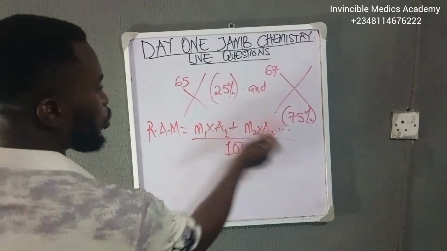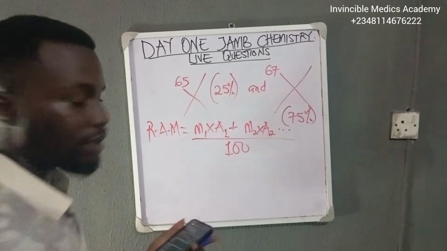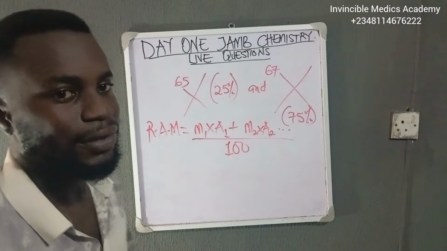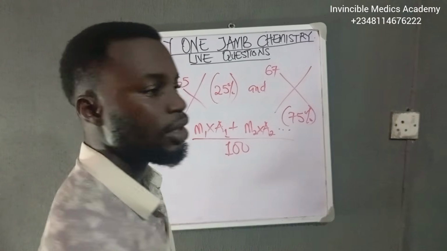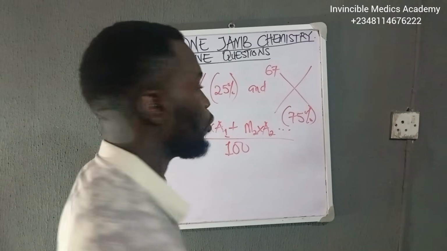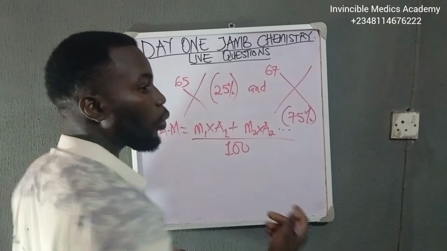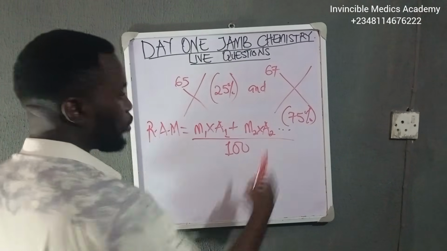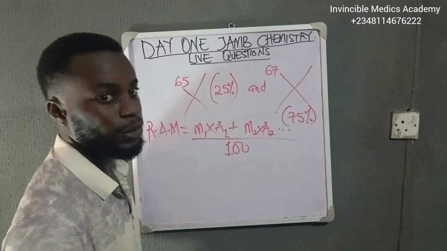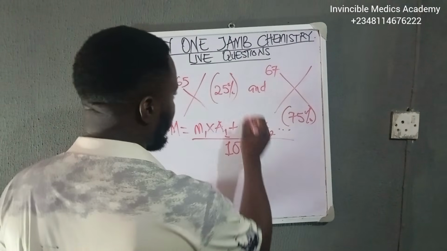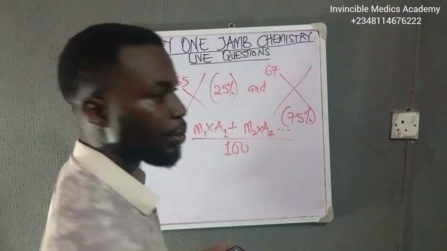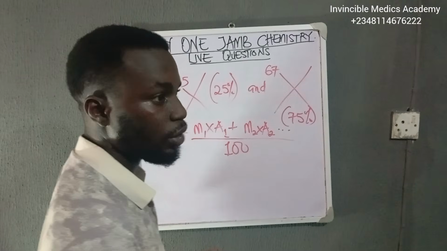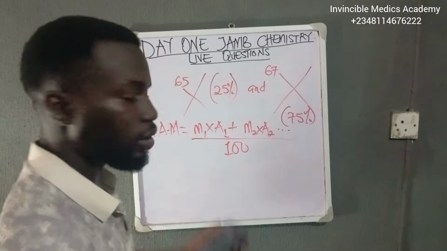The total abundance will always give you 100%. As you can see here, 25 plus 75 will give you 100%. Sometimes it can be in terms of fraction, but you can always convert it to percentage if you want to use percentage. If it's 1/4, you convert to percentage, 1/4 times 100. Do you understand? So it's that simple.